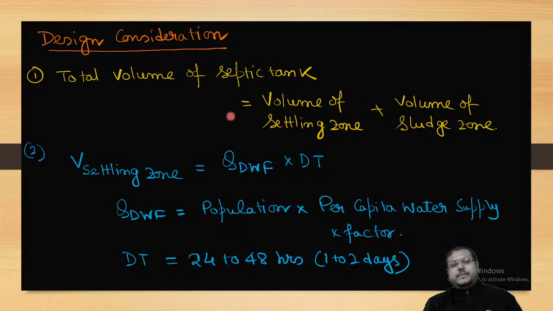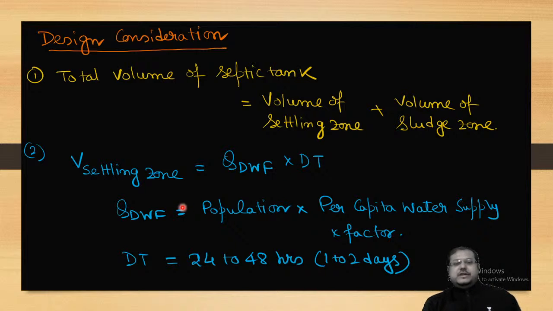And volume of settling zone is equal to Q into DT. Only wastewater volume is required here. Q is none of the other wastewater influent, only the domestic DWF, the dry weather flow, which is only the domestic wastewater, into DT. So Q into DT is the volume.